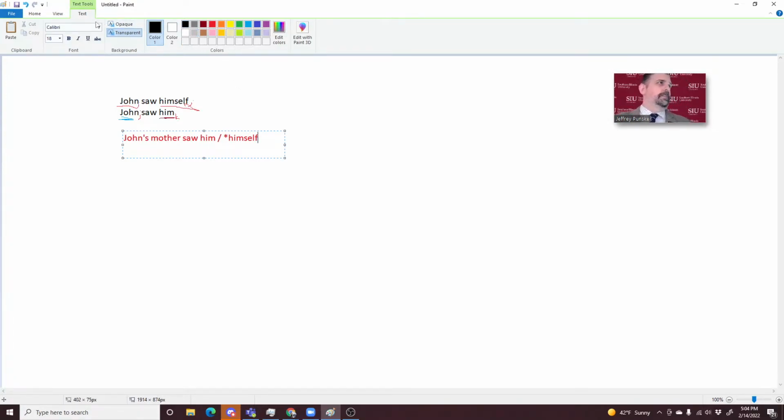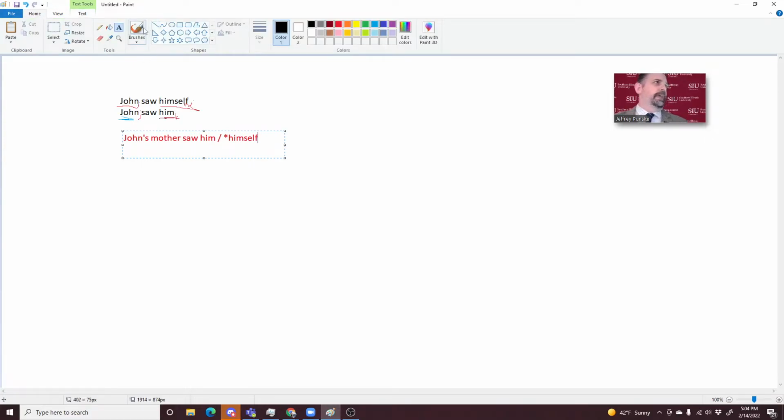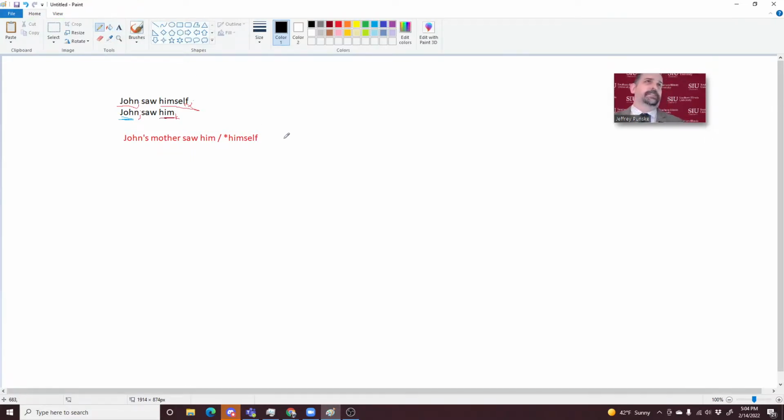All right, let's draw a tree. When in doubt, draw a tree. That should always be your lesson. It's a good life lesson. It is a good syntax lesson, linguistics lesson. Trees are awesome, both in terms of actual living trees and syntactic trees. So when in doubt, we draw a tree. So let's draw a tree of John saw himself.